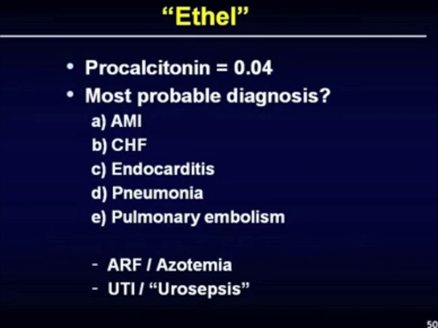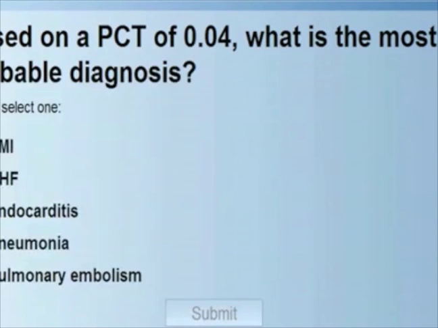Based on this, a differential diagnosis of possible acute myocardial infarction, congestive heart failure, endocarditis, pneumonia, pulmonary embolism, acute renal failure, and urinary tract infection has been raised. And at this point, I will queue up the first poll question of what is the most probable diagnosis.